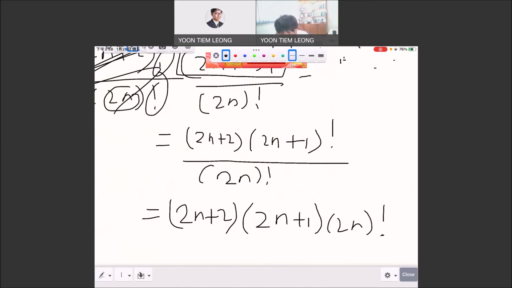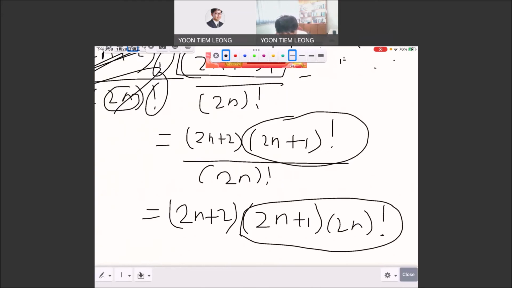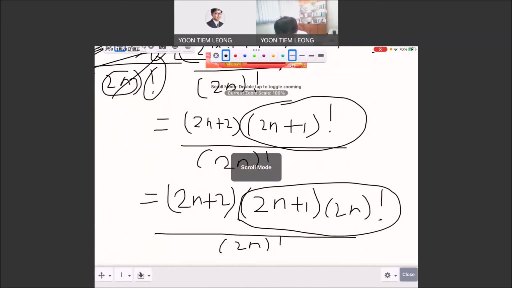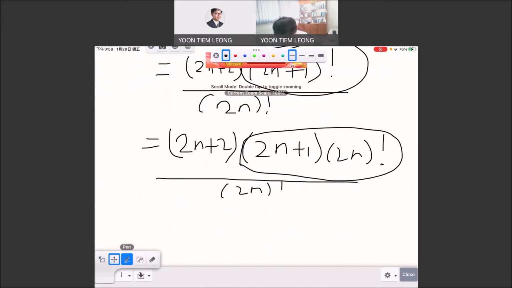So this is just what I have done: I rewrite 2n plus 1 factorial into this. Then downstairs would have a factor of 2n factorial, so that could then be easily simplified. You are almost there already. So now you can cancel off 2n factorial with 2n factorial.